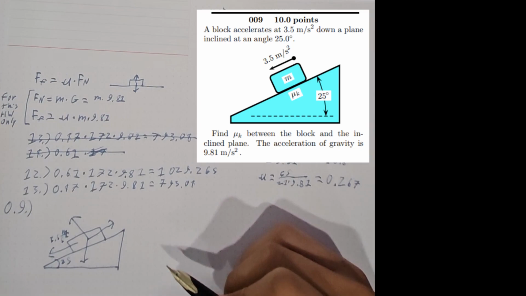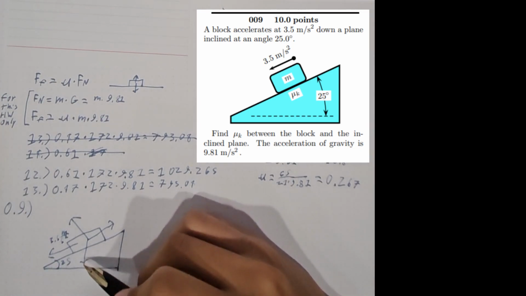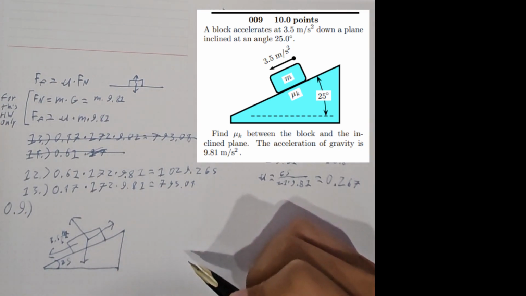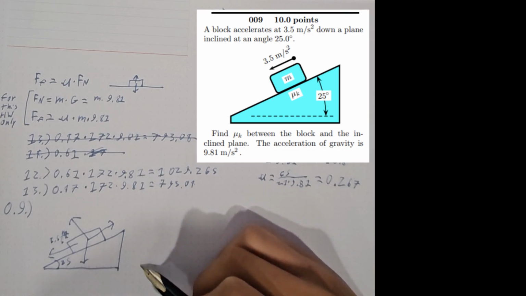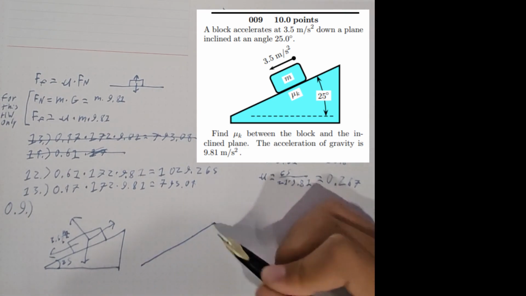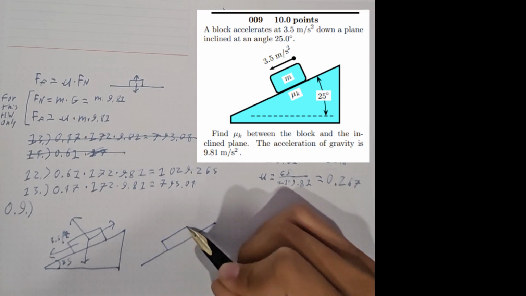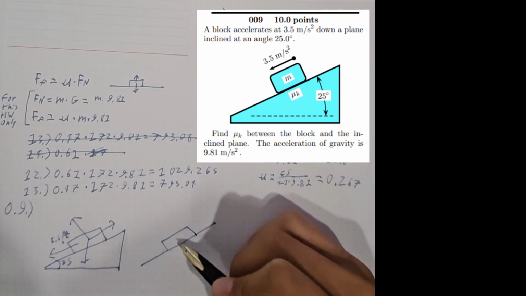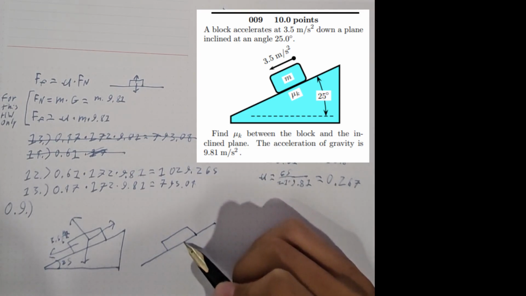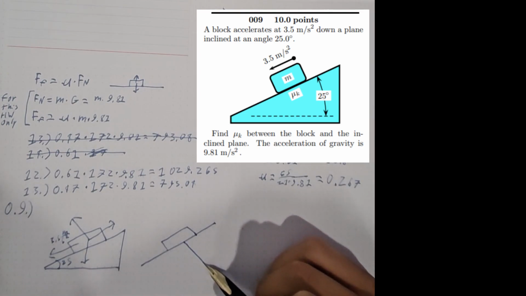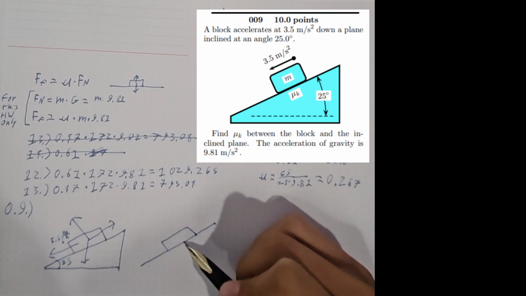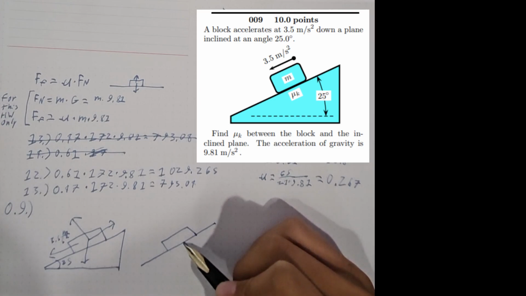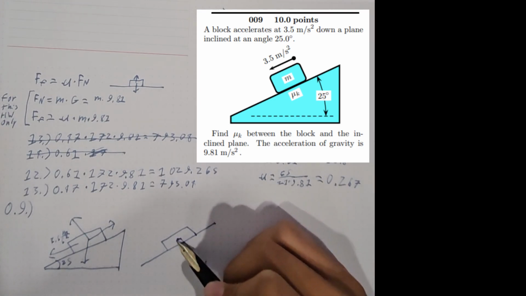So what you'll want to do is take this gravity and split it up so you can find the normal force. So here's the block. We're going to split it up to have a force that's going this way, and a force that's going this way.